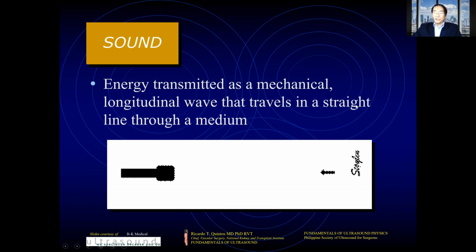It travels in a straight line and it requires a medium. Without any of these different properties, there is no sound. So sound as an energy requires the medium through which it will travel in a longitudinal wave in a straight line for the sound to be completed.